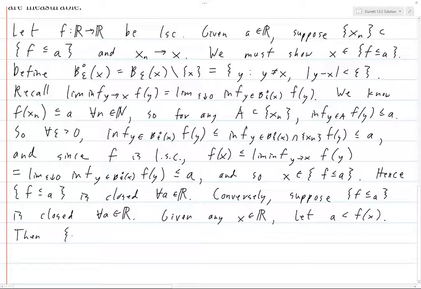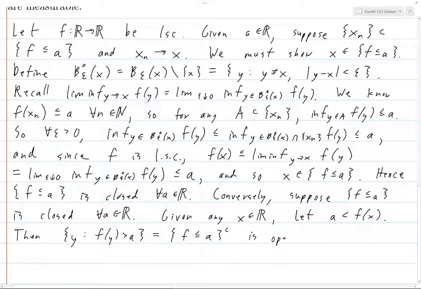Then all points y such that f of y is greater than a, well, this is equal to the complement of all points y such that f of y is less than or equal to a, and so it's the complement of a closed set, and so it's open.